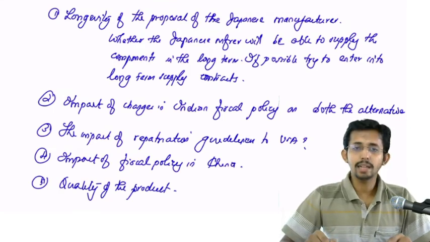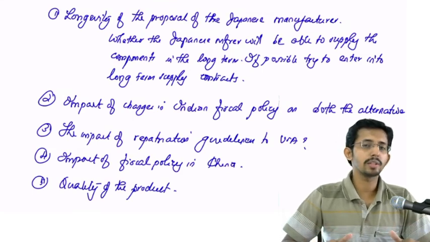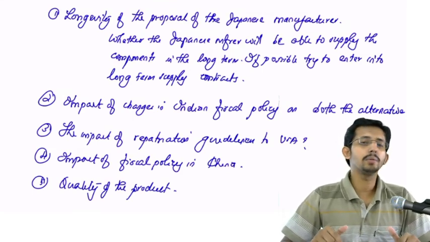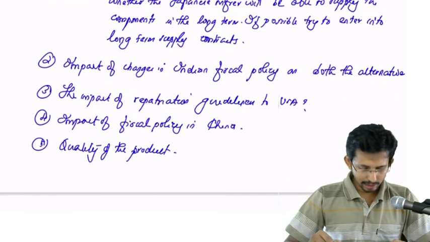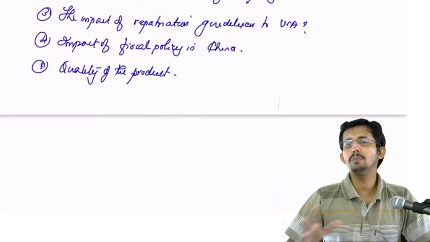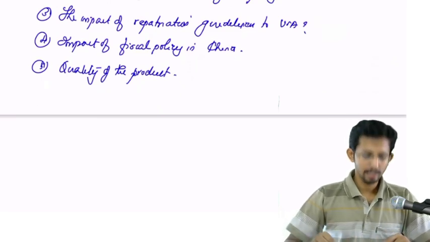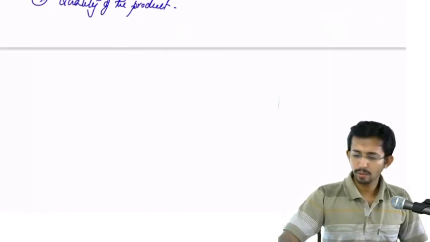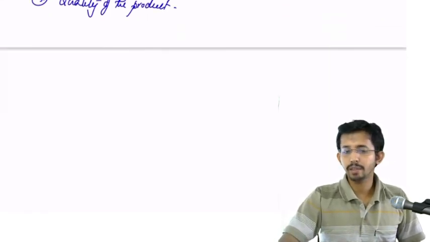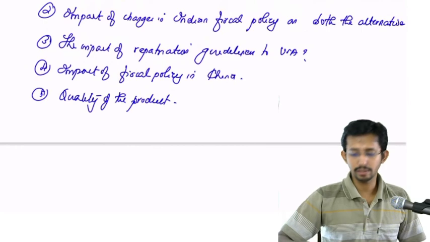On the other hand, when you go for an external purchase, like Japanese company's subsidiary unit in India providing you the goods, quality could be a concern, so that has to be considered. So these are the major points other than the monetary aspects which you need to consider before you take a decision on this particular case. Okay, now I think with this the entire chapter is over, and we have done almost all the questions from this chapter 9. Okay, so we are concluding with this, right?